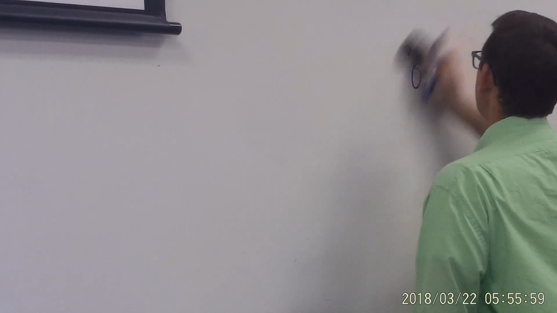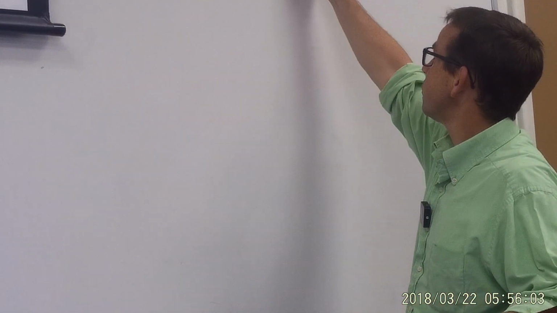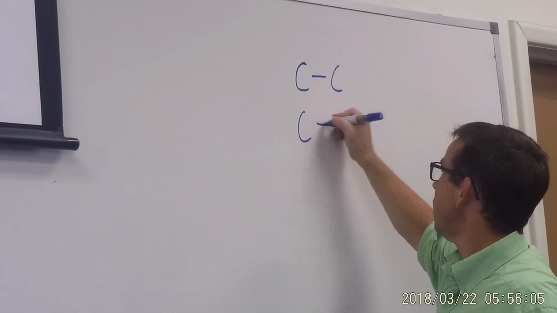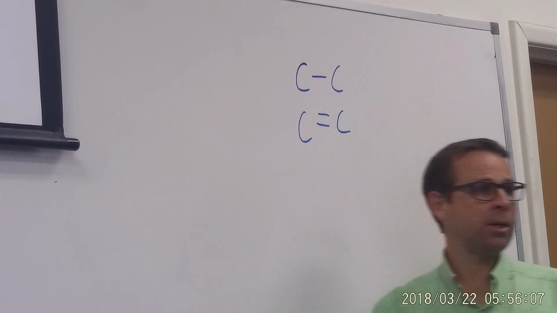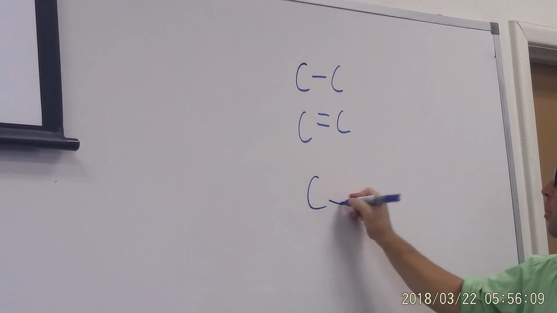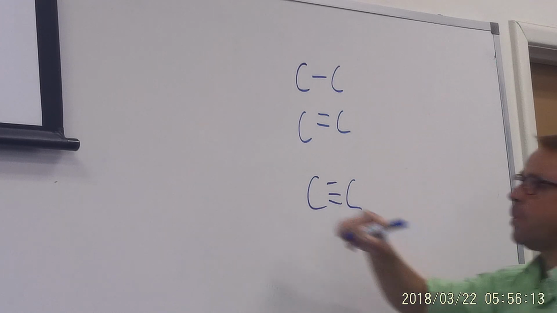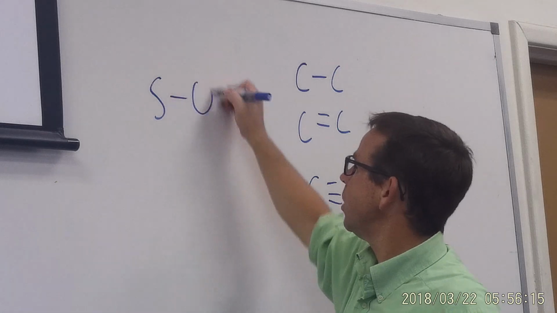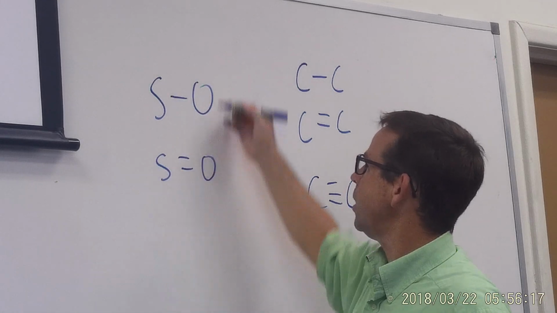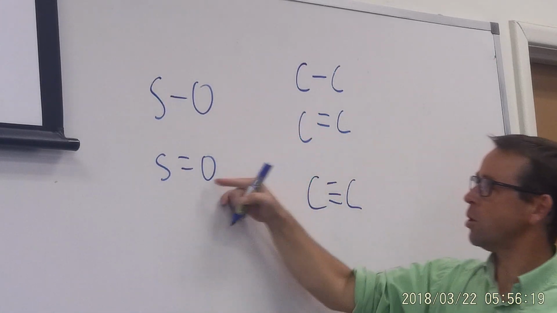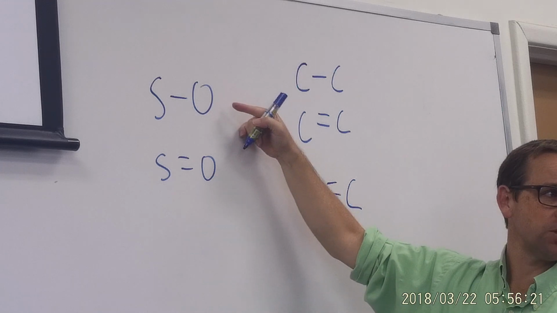Now, there's a difference in the length of bonds. For example, a carbon-carbon single bond is longer than a carbon-carbon double bond, and a carbon-carbon triple bond is shorter yet. Same with a sulfur-oxygen bond. A sulfur-oxygen double bond is shorter than a sulfur-oxygen single bond.